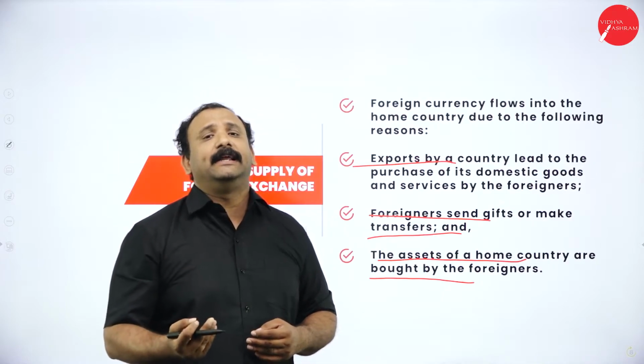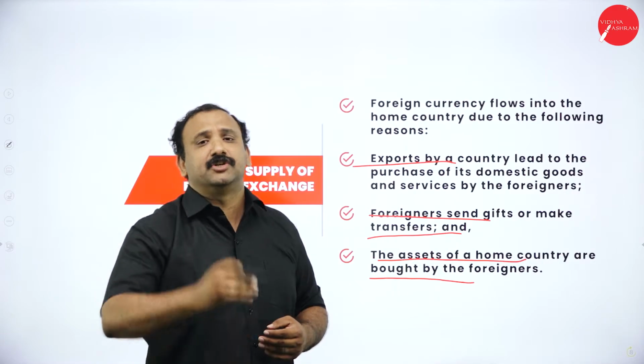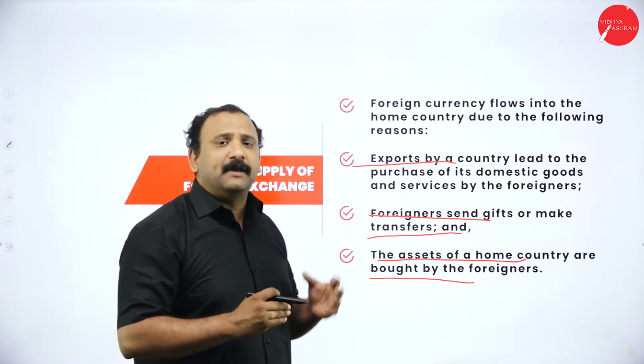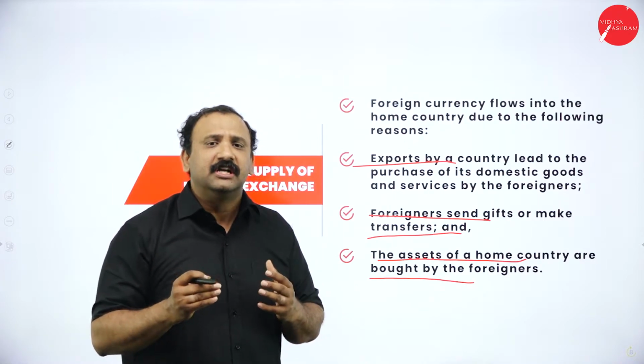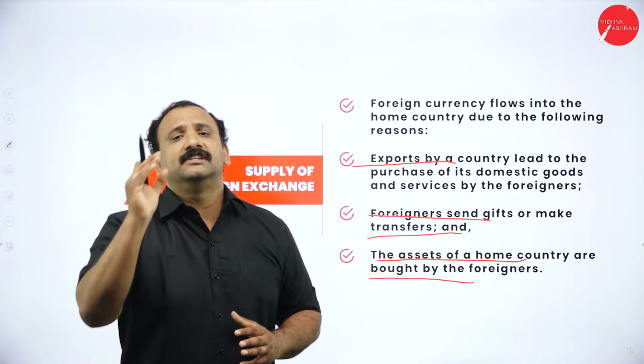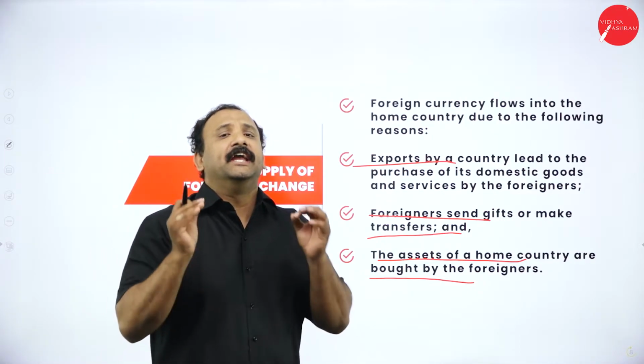So automatically there is a flow of foreign exchange, or money, that comes inside. So the three primary reasons are exports, transfer of money, and purchasing of assets. All these reasons lead to the supply of foreign exchange in a country.